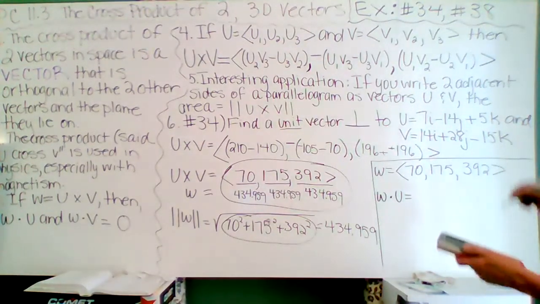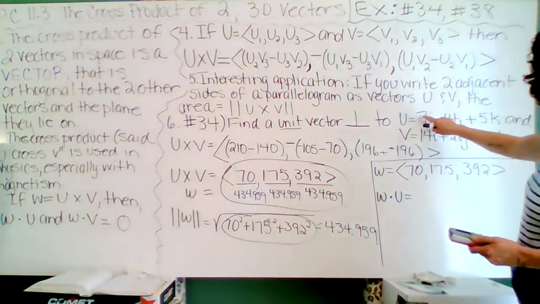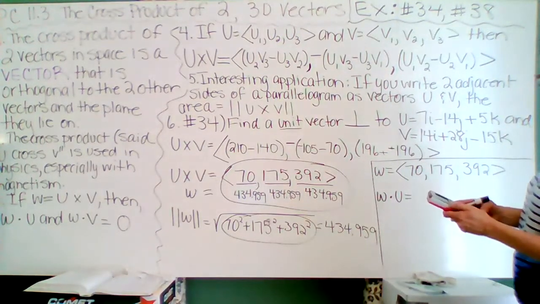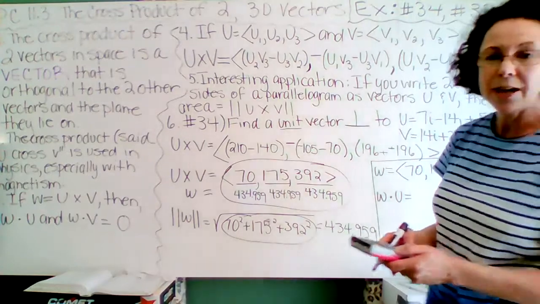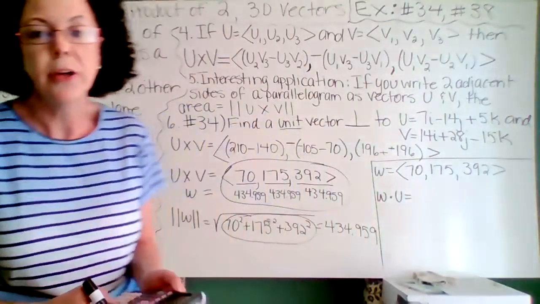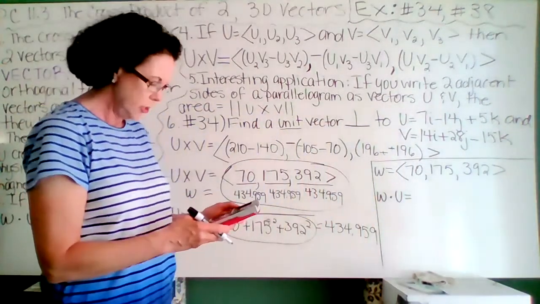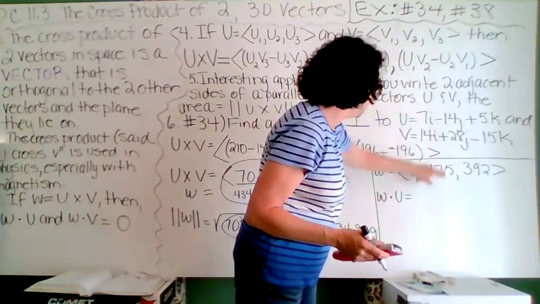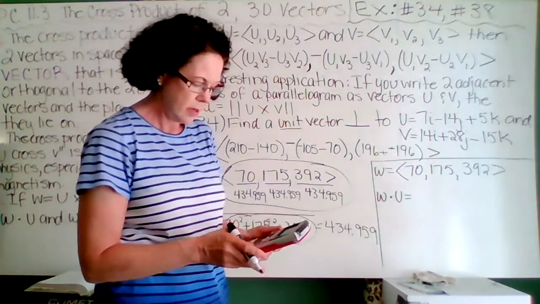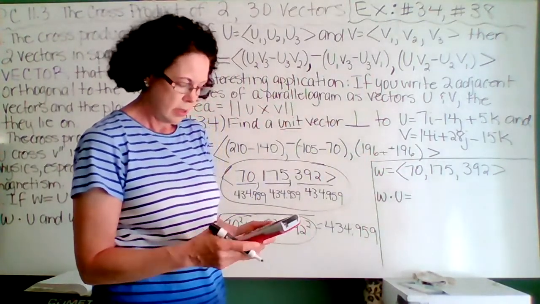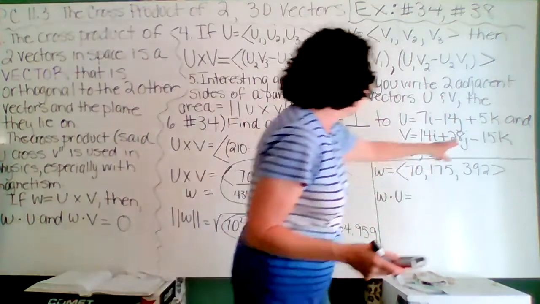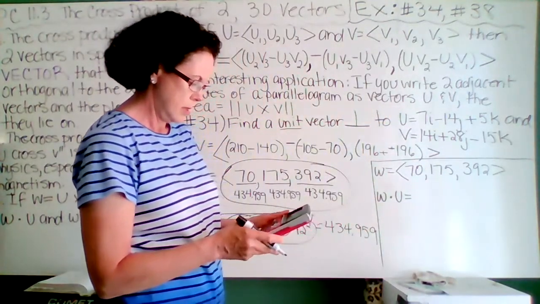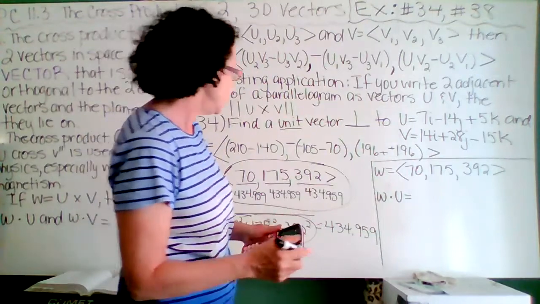So I'm going to do that on my calculator. So that's 7 times 70. Again, this part isn't really necessary. I just want to show that we did make a vector that is orthogonal to U, plus a negative 14 times 175, plus 5 times 392. And we do get a 0.